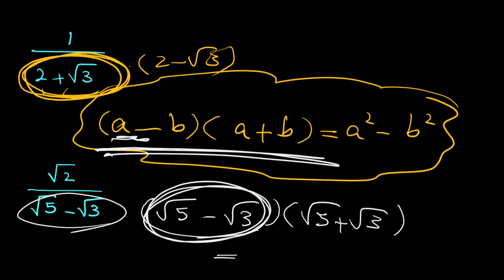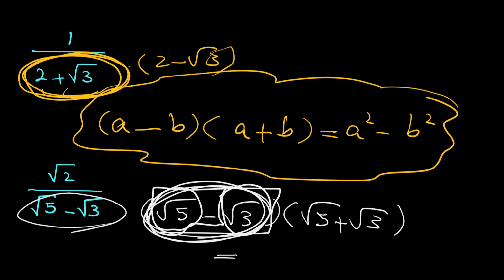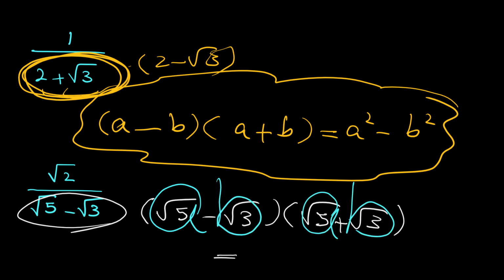Whenever we have a minus b times a plus b, the answer is a to the 2 minus b to the 2. So here we have a minus b. We have multiplied this by its conjugate, radical 5 plus radical 3. So here we have a minus b times a plus b. What is the answer of this?